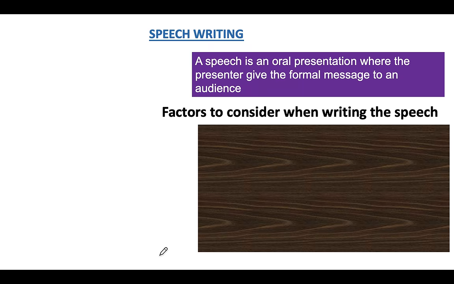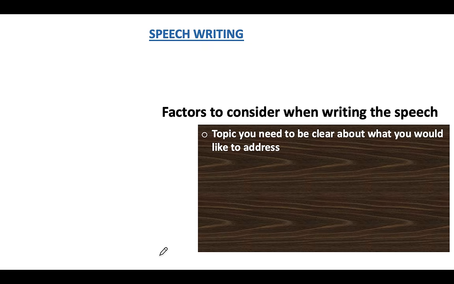So we have to take note of the following factors. One, you have to state the topic. You need to be clear about what you would like to address, so you have to ensure that you are so clear about what you want to address to the public. That's the first thing.